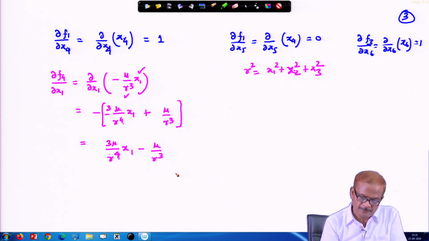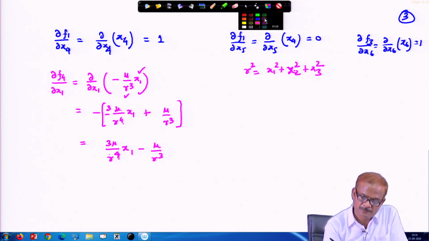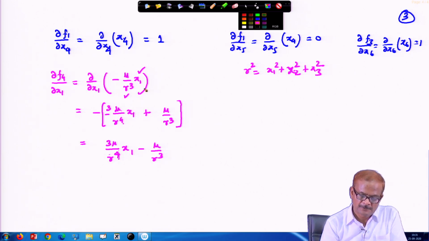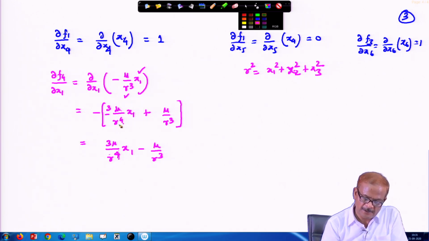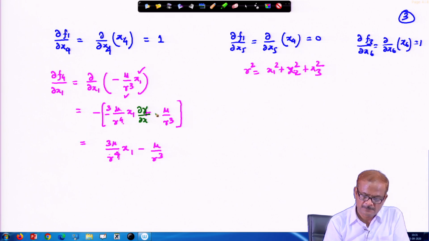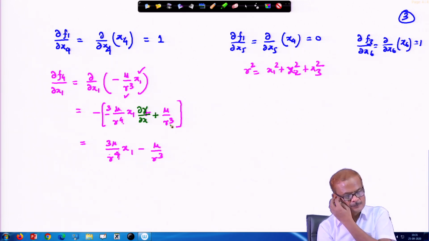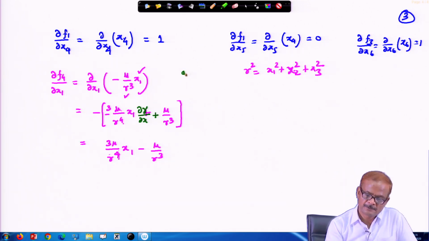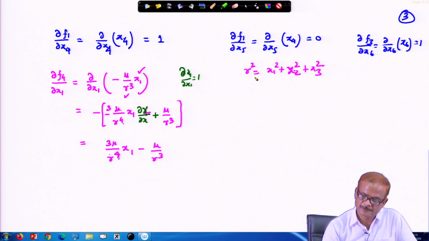And here one more term we are missing, which we have to introduce. Once we are differentiating this r, we also have to write here dou r by dou x 1, and then plus this quantity mu by r cube dou x 1 by dou x 1, this will be equal to 0. So, this quantity is missing and we need to work it out from this place.